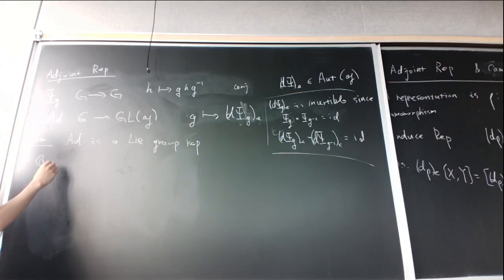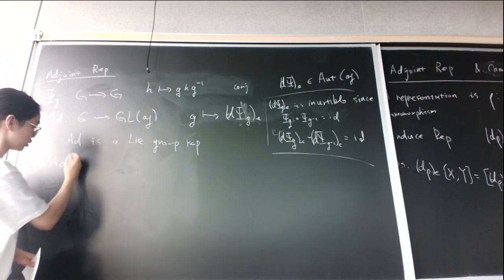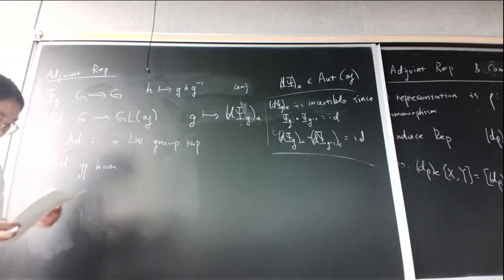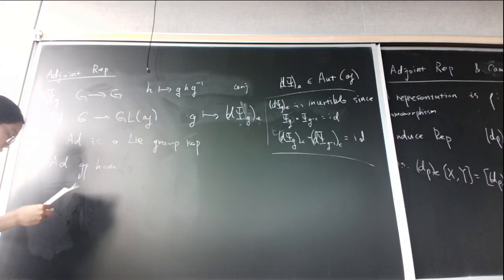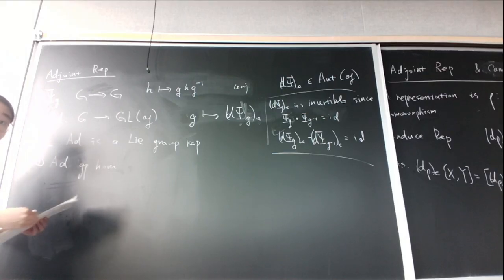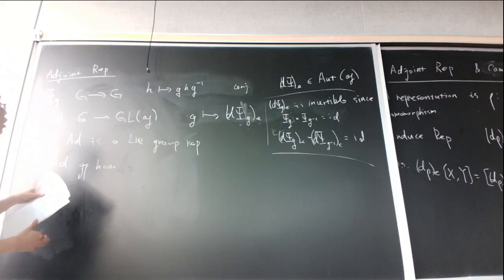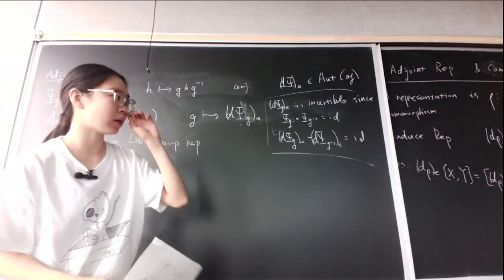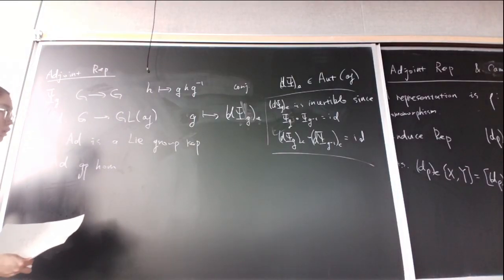One is that it's a group homomorphism. No, this is a representation of a Lie group. When you have a representation of a Lie algebra, it has to preserve the Lie bracket. This is a representation of a Lie group on the Lie algebra.